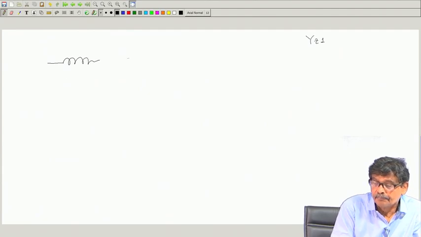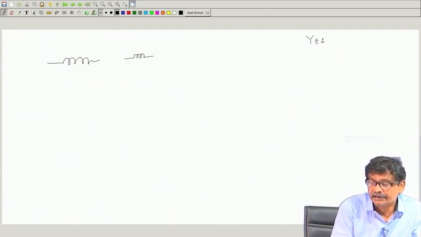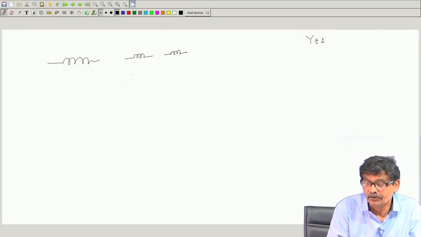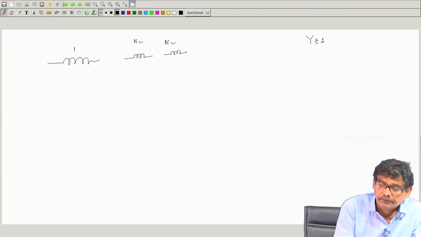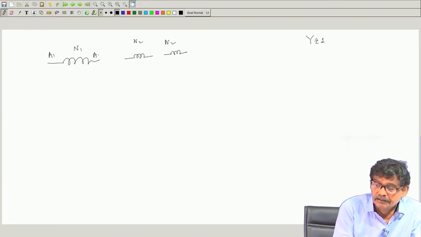Primary, it will have 2 identical secondaries, this time identical, not tertiary or secondary. This is N2, this is N2, okay. This is N1 and this is A1 A2.